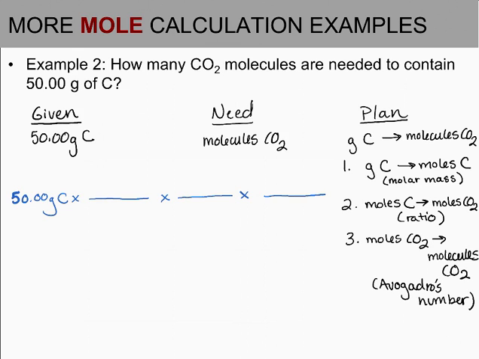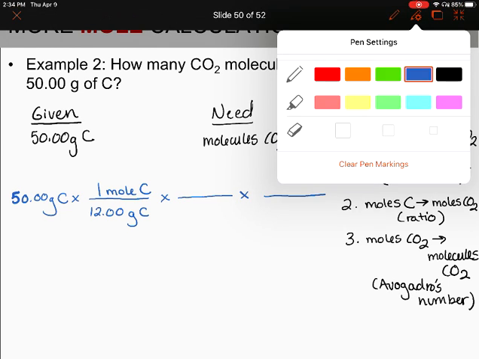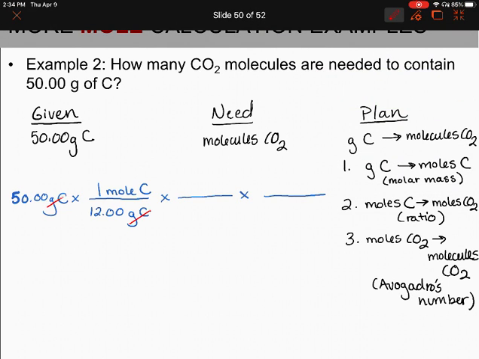So in our first step, we want to use the molar mass of carbon to go from grams of carbon to moles of carbon. So we saw previously that there are 12 grams of carbon for every 1 mole. So that's going to cancel grams of carbon.